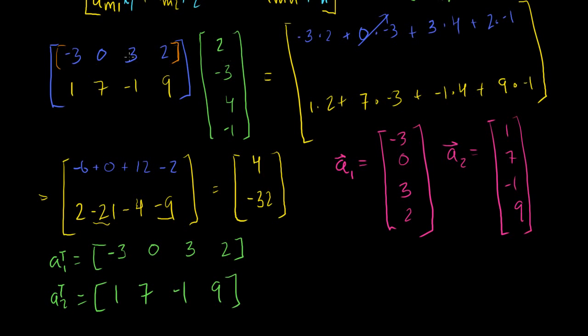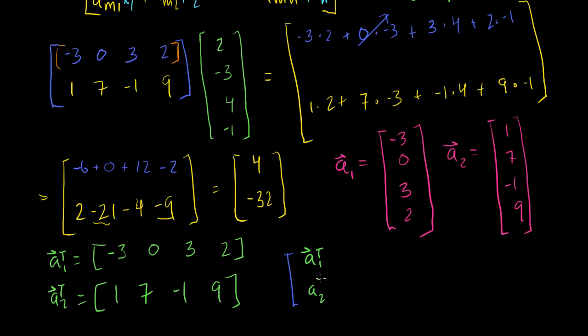And then this multiplication right here, we can rewrite this matrix as having vector A1 transpose for the first row, and this is A2 transpose.